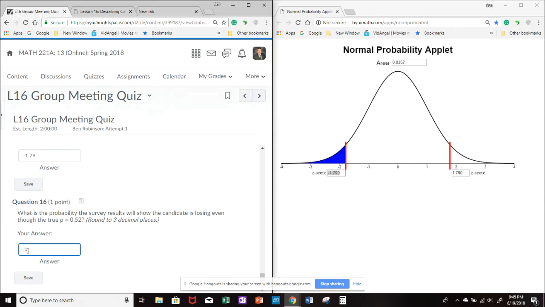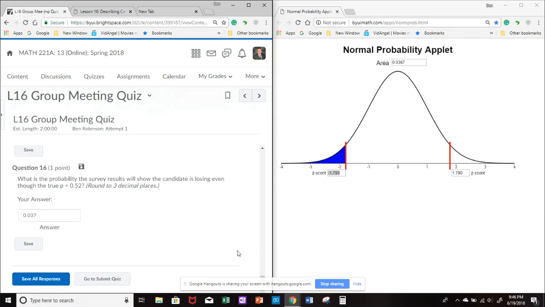So we go to, I think we'll put tablet in this one. Okay. And I did get the 0.037.